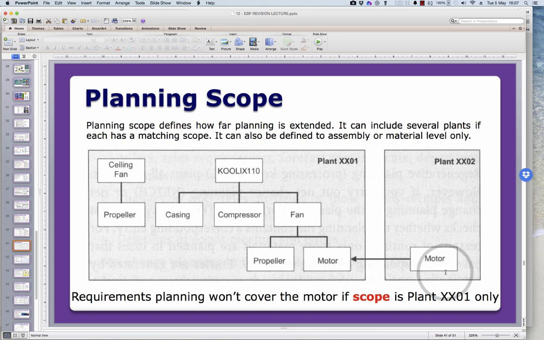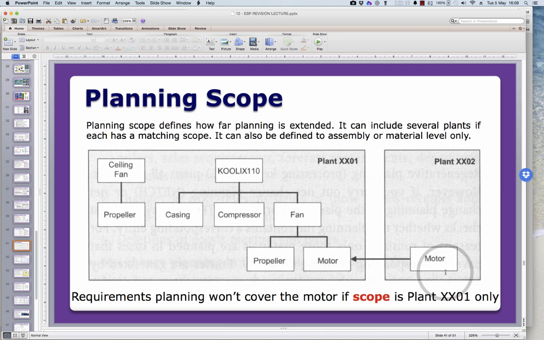Planning scope. What is planning scope? Well, this is a simple example where you've got plant XX01 and plant XX02. Most of the air conditioner is made in plant XX01, but the motor of the fan assembly is made in plant XX02. So you need to define a scope of XX01 plus XX02 to enable ERP to know that it needs to get motors from plant XX02.